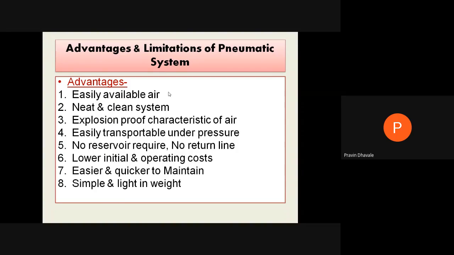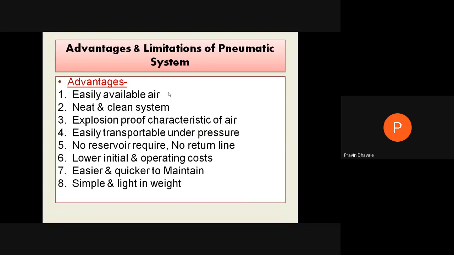Second, it is a neat and clean system. As air is the working medium, the system is very clean compared to hydraulics. That is an additional advantage, so it is highly applicable in food preserving or food processing industries. In a pneumatic system we use air, but in a hydraulic system we use oil or liquid as the working medium.